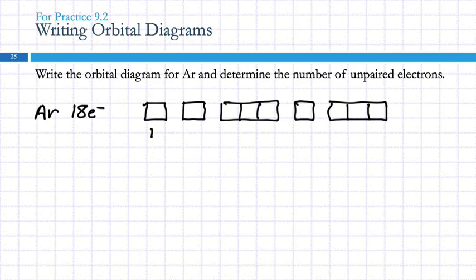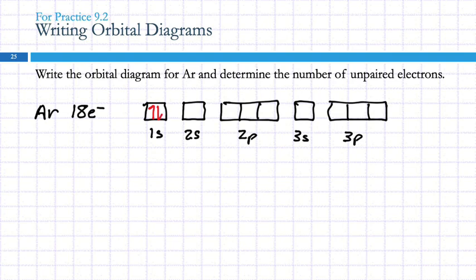So this would be the 1s room, and the 2s room, and the 2p room, and the 3s room, and the 3p room. And I know, because I've done this before, that that's far enough. So then we're going to put the electrons in here. We're writing these in order of increasing energy, or increasing cost to rent the room. So the first one's going to go in here, and the second one's going to pair up.